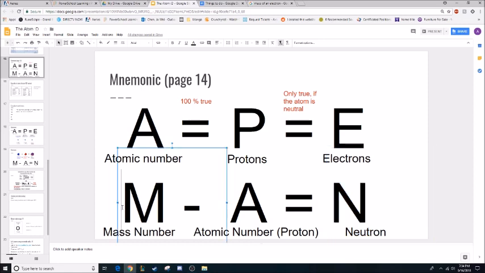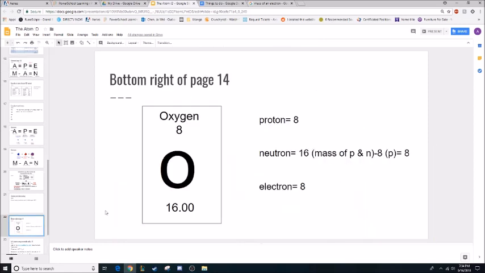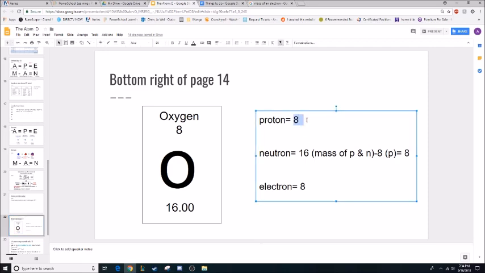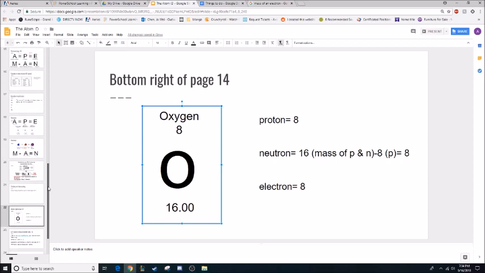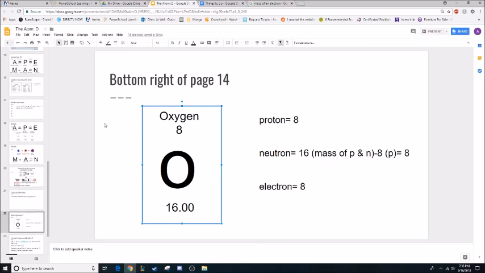So that is our mass number. Protons plus neutrons should equal 16 right here. And that's how you calculate the number of protons, electrons, and neutrons.